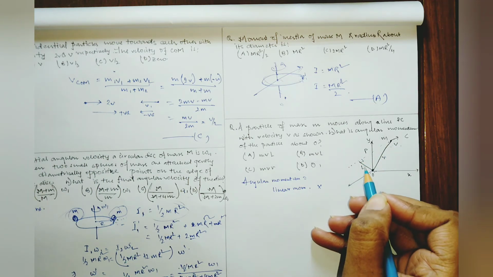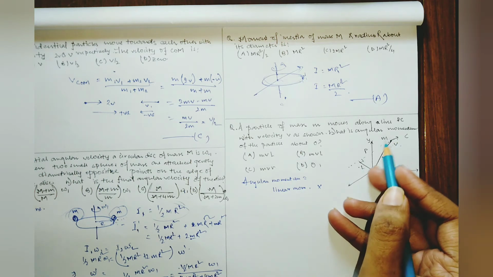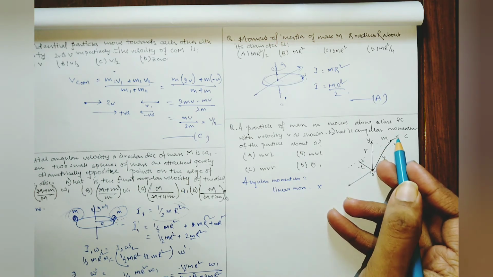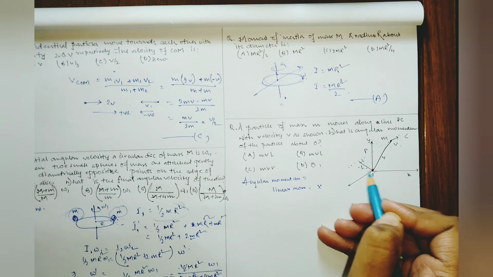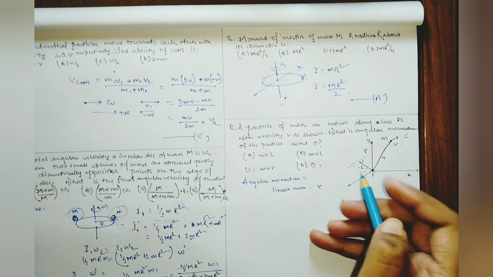So here the perpendicular distance is L. We can see that the velocity is along this direction, and from O the perpendicular distance is L.